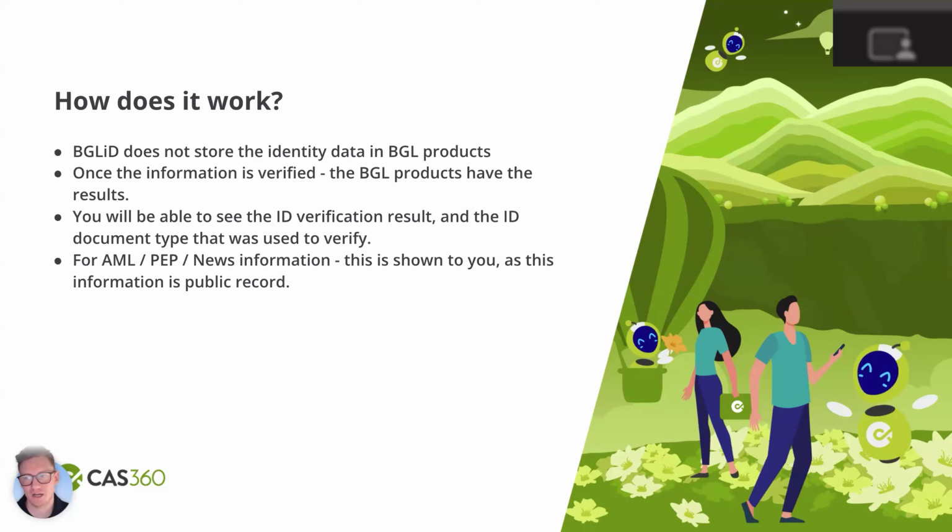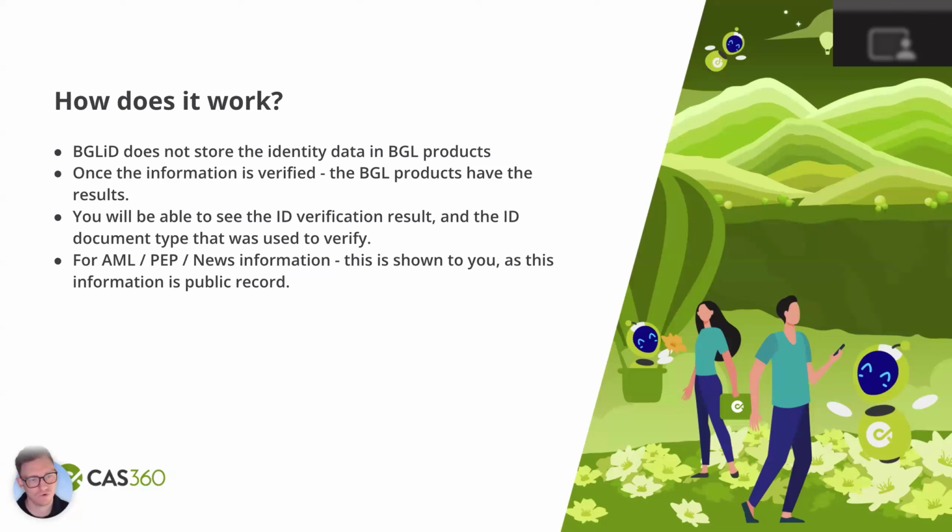Now, I'll talk about how the system is today. So BGLiD does not store the identity data in BGL products, okay? Once the information is verified, the BGL products will have the result, and they have a little bit of information about what was used, i.e. a Victorian driver's license. We also will store the expiry date on that document, but we won't store all of the data on the ID document, just what document was used and the expiry.